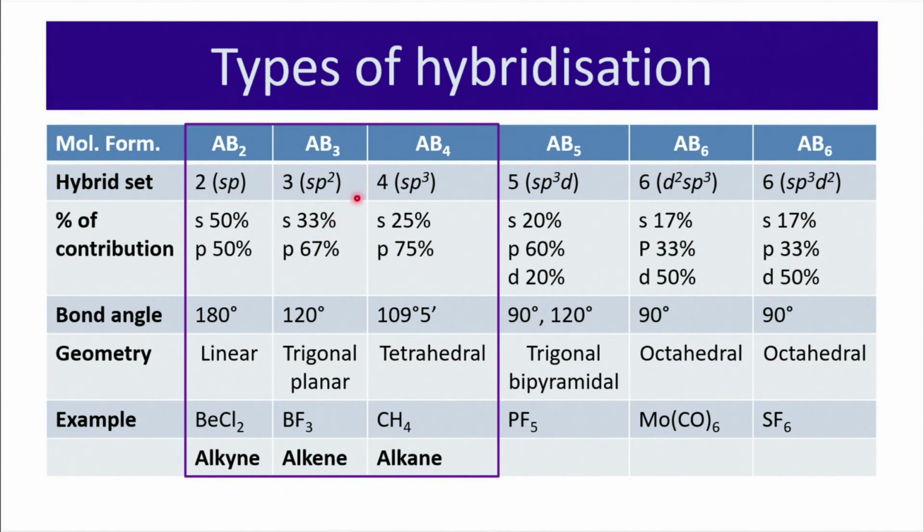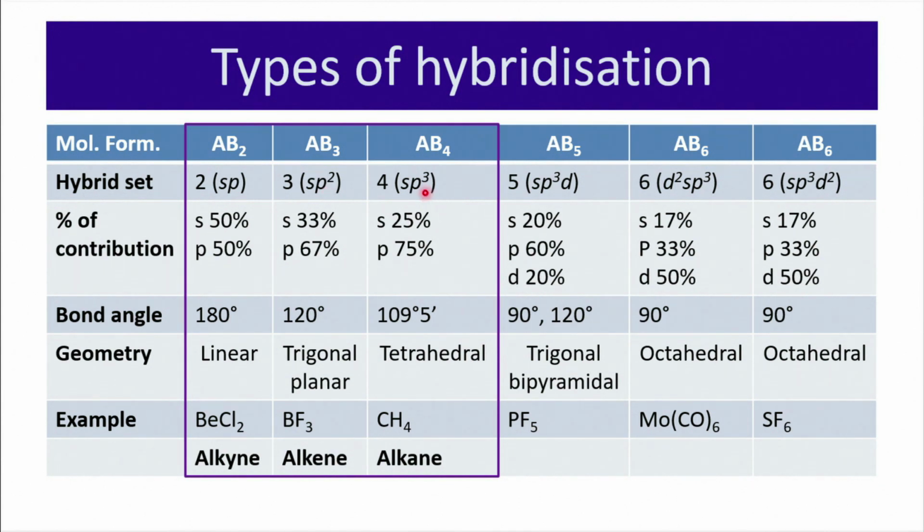The next one is for AB3 type molecules, which have sp2 hybridization. Here the s character is 33% and the p character is 67%, and the bond angle is 120 degrees. The geometry of these compounds is trigonal planar. In other words, whenever we have trigonal planar molecules like alkenes or BF3, we use sp2 hybridization to explain their geometry.